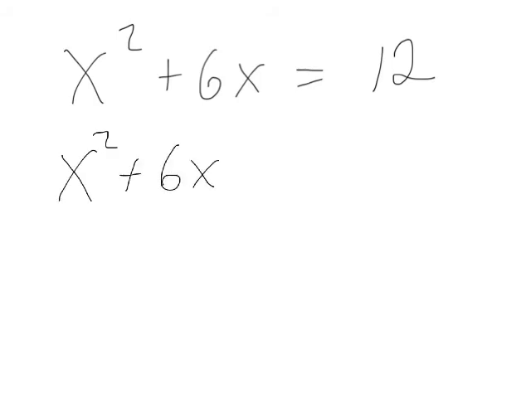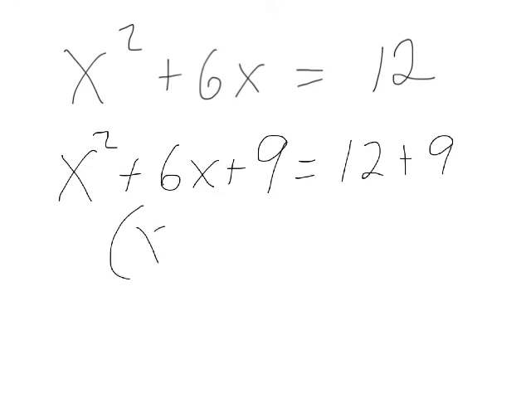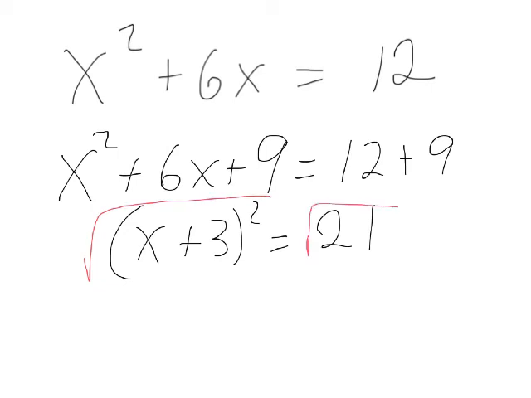I'm going to call this x squared plus 6x plus 9, and on the other side I have to add that same 9 to keep it equal. The reason I made it plus 9 was so I could now factor it as x plus 3 quantity squared, and on this side I'll have 21. Again, we've got strategies for doing this. We can take the square root of both sides.